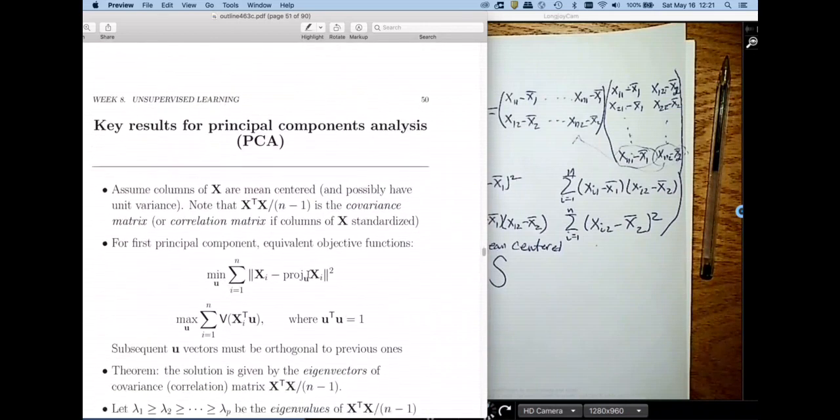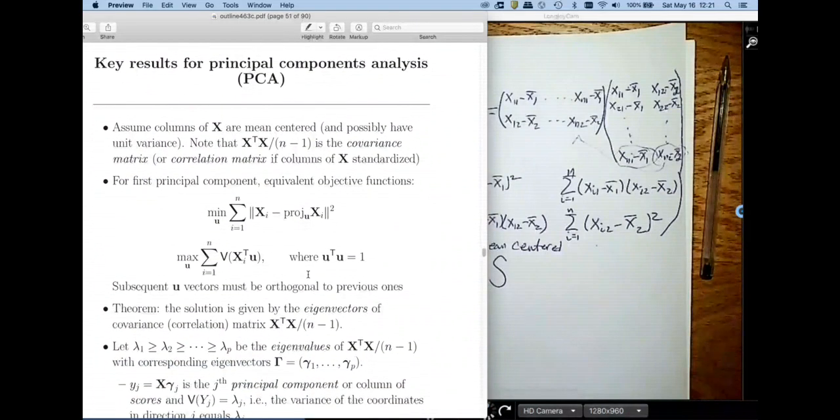All right, let's go to the next page. Here are the main results. We're going to assume that my columns have been either mean-centered or standardized. That's why I made us go through that previous page in detail. Rather than writing notation to indicate that the mean has been subtracted, I'm just going to say we've already done that. That happens as a pre-processing step.